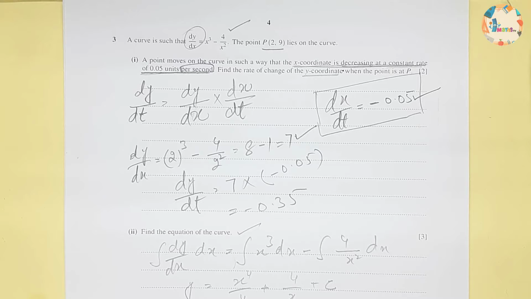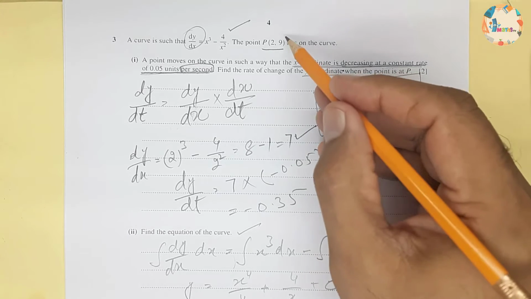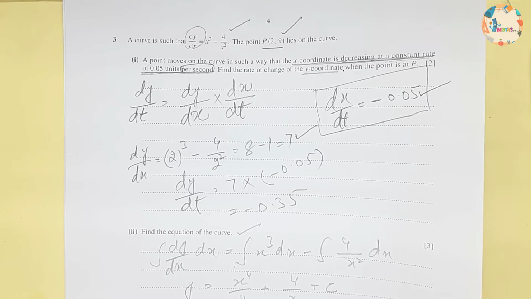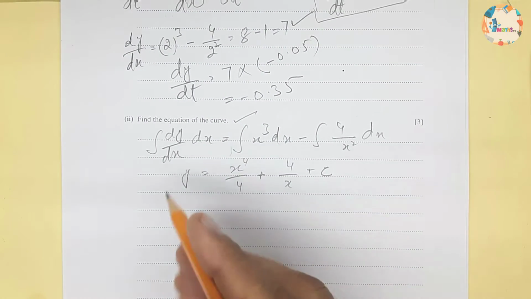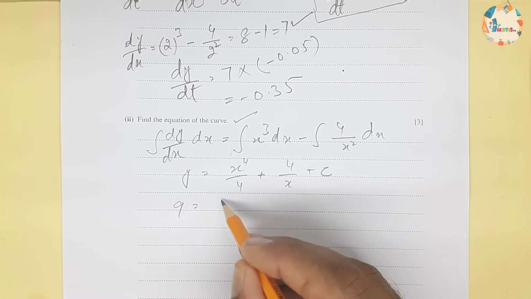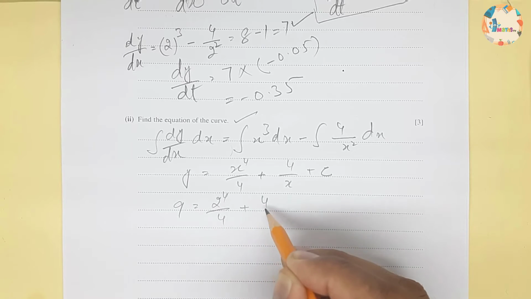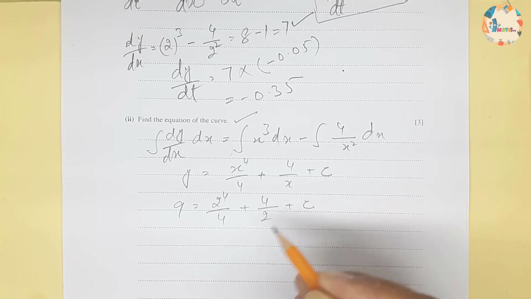And now we can replace this point, which is (2, 9), in this one. I'll move the page a little above. So y value is 9 and x value is 2, which we'll be replacing. So 9 is equal to 2 raised to the power 4 divided by 4 plus 4 over 2 plus c.